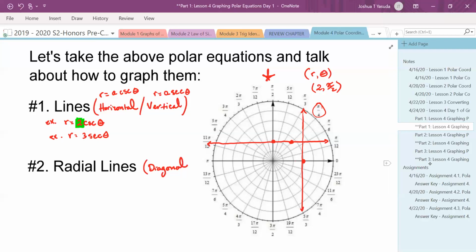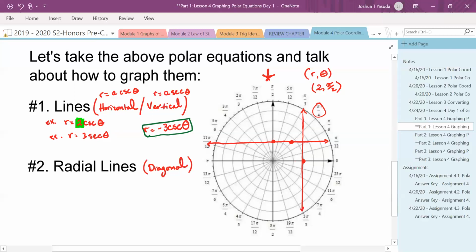The only question I would ask, if you want to think about it and hit pause, is what happens if I make it negative? Like r equals, let's say, negative 3 cosecant of theta. What do you do there? Let's use a different color. So what do negative radii do in the polar plane?